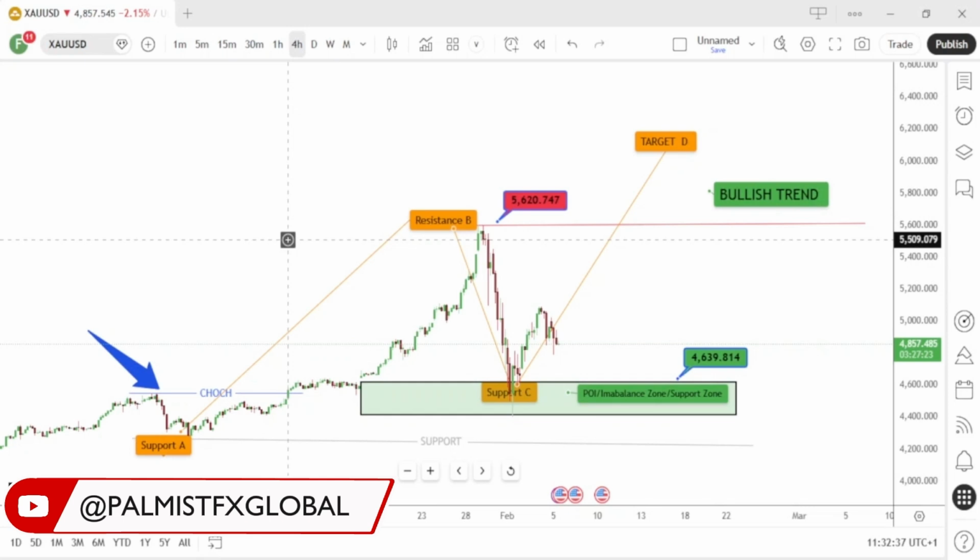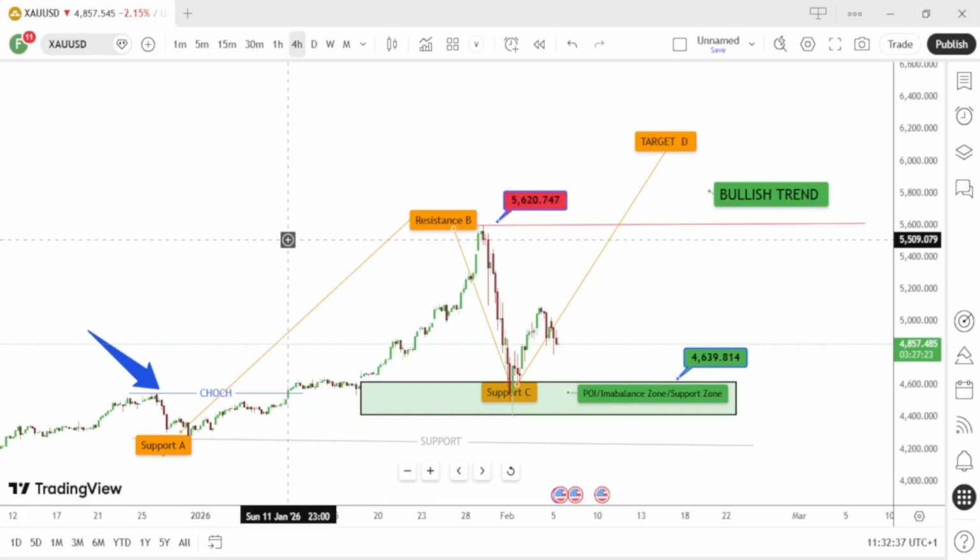Once I see that setup, that tells me that the trend on the 4 hours is bullish, because there's a break of structure, there's a rally up, which is accumulation, an AB, then there's a pullback to a demand zone, which is a 4 hours point of interest or imbalance zone. What happens next is going to be reaccumulation.